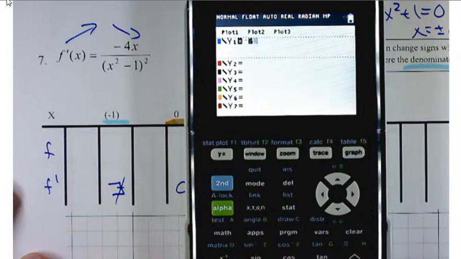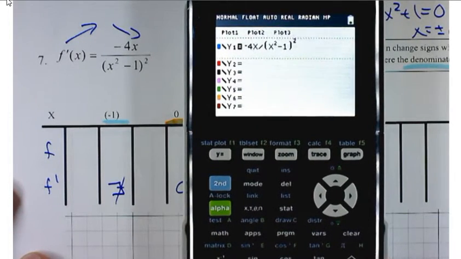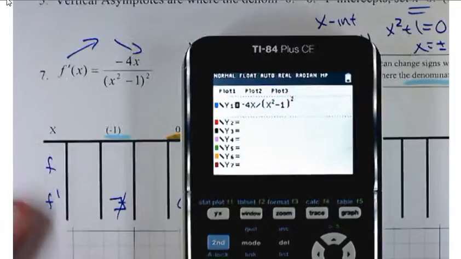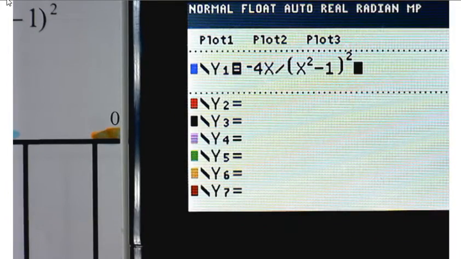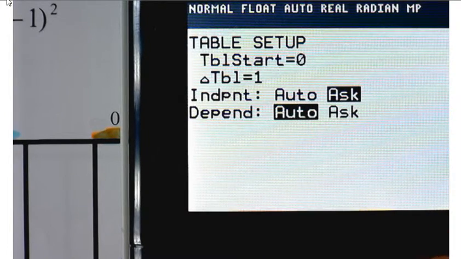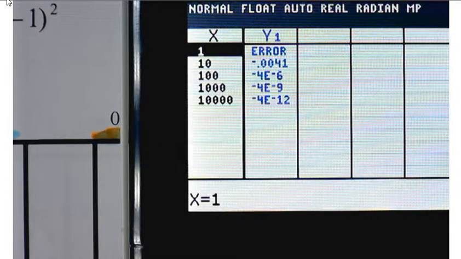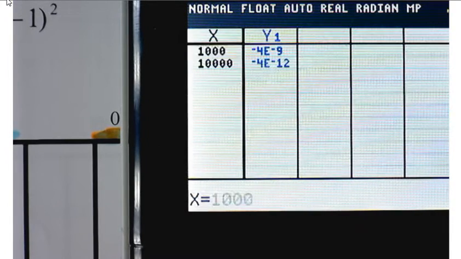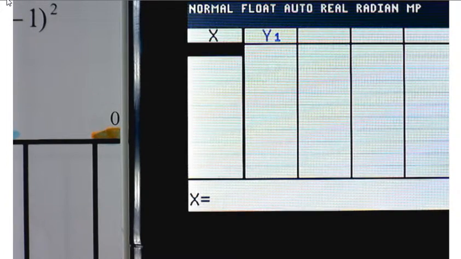-4x divided by x squared minus 1, squared. Independent is set to ask. So go to your table function. Let's delete all these old values with the delete key. And now I need some test points.